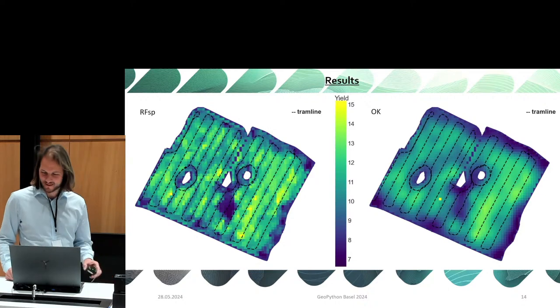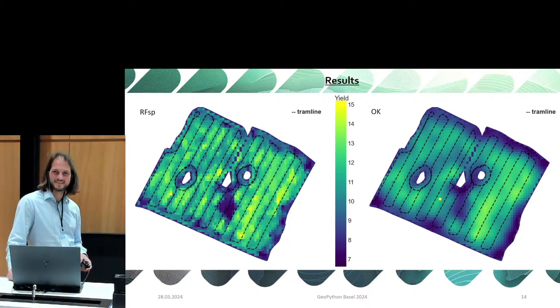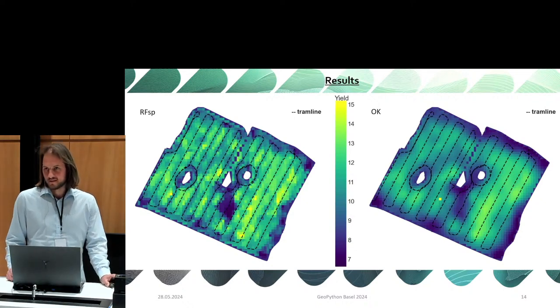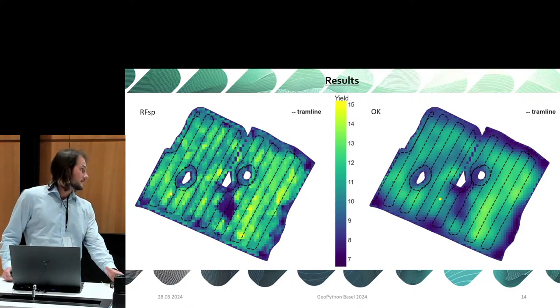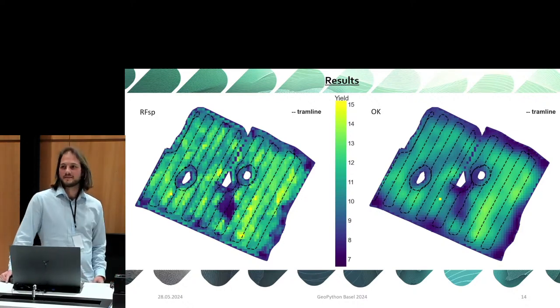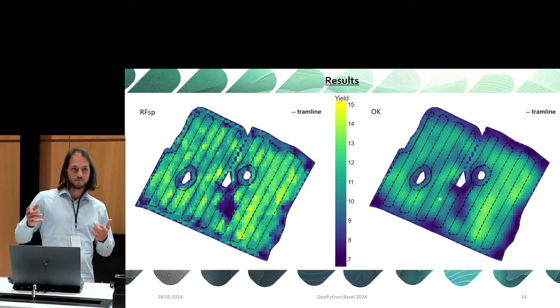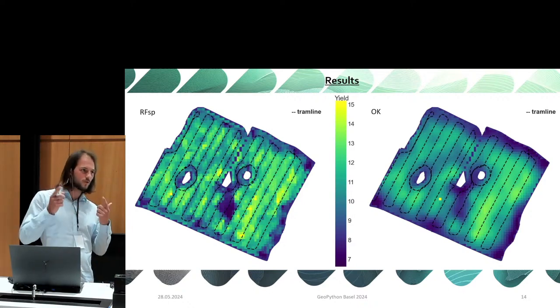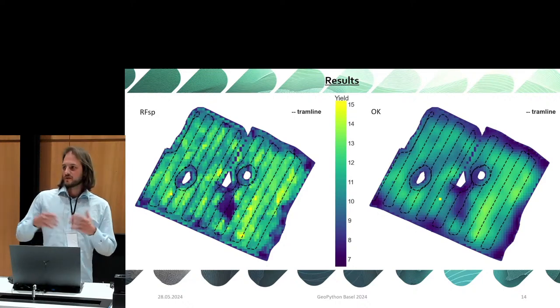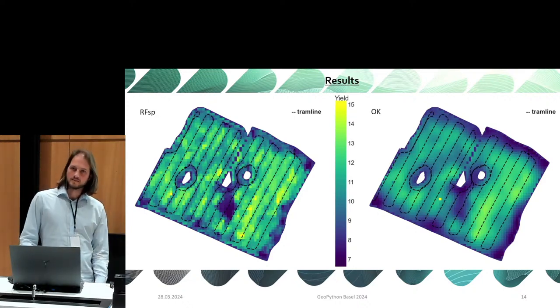But this talk isn't about finding tram lines in yield data, but about using GPU for this kind of task. Because, as you know, using distances as features, and using maybe all distances between all points as features, leads to a very vast feature space.